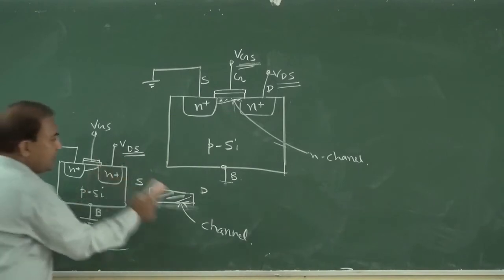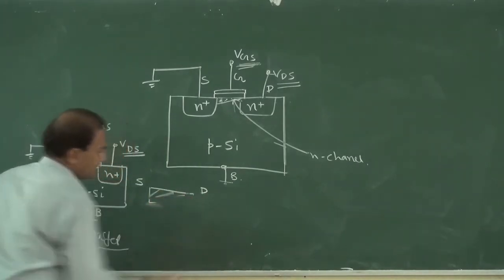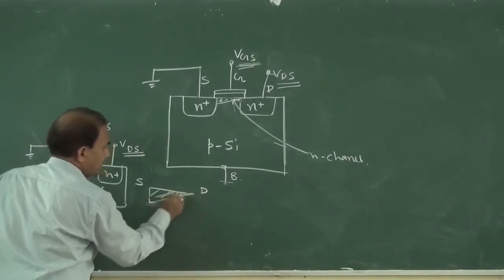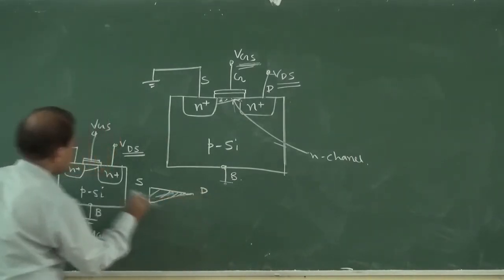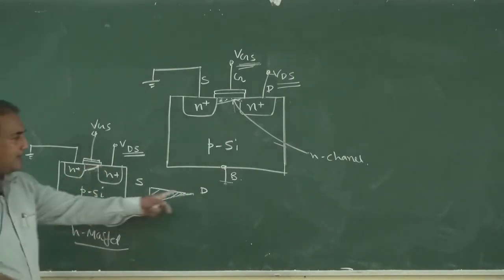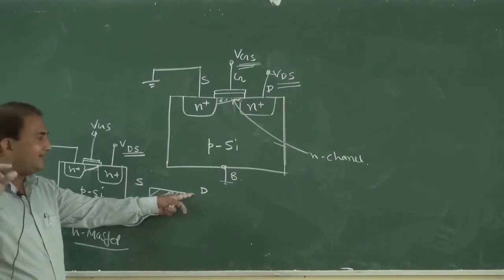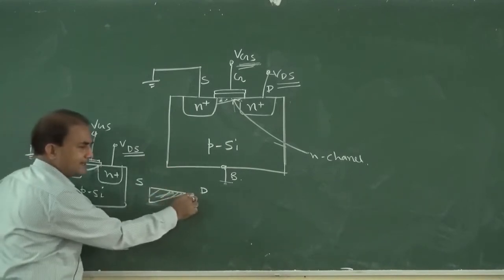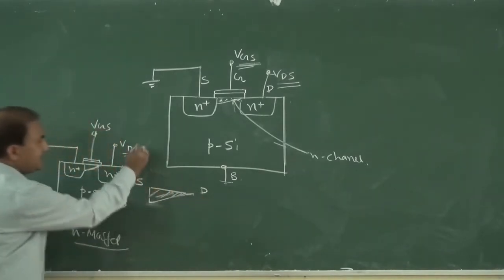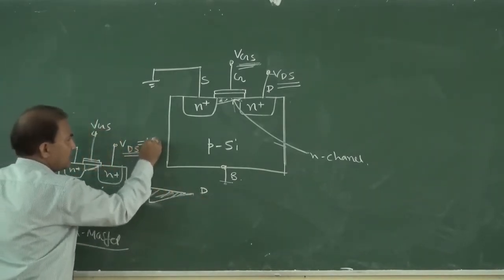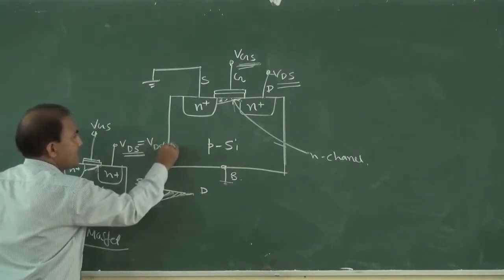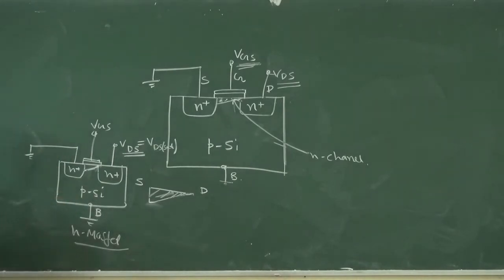And again, if we are increasing this drain voltage, then what will happen? At certain time, it will be like this. So the channel depth towards the drain terminal vanishes by application of VDS equal to VDS saturation.